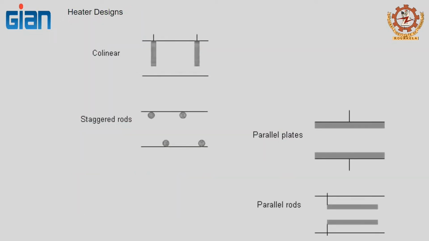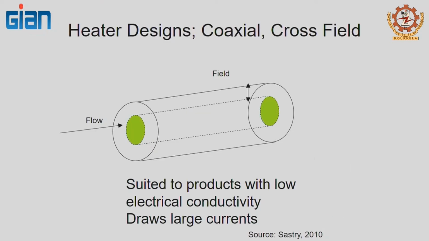The electrodes can be of different sizes and configurations, like they can be collinear, or the electrodes can be staggered like here, or they can be parallel plates, or you can have parallel rods. So, different configurations are possible. The heat exchanger can be coaxial co-field.